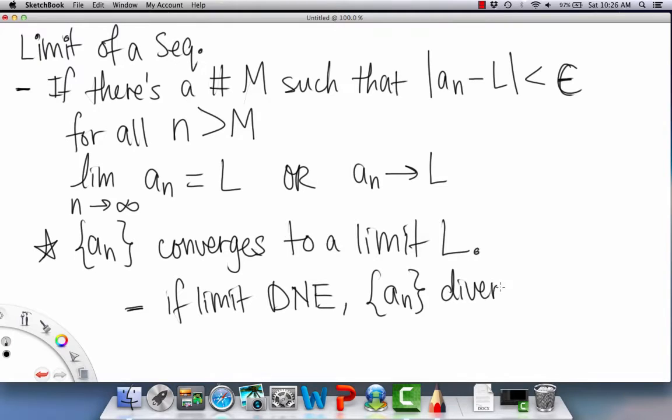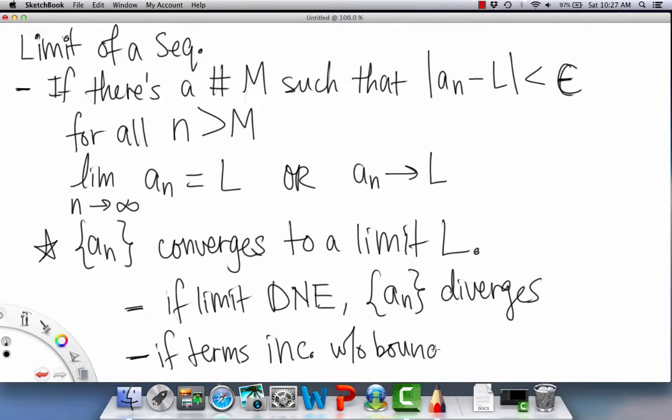And furthermore, a more specific case: if the terms increase without bound, so they just go up to infinity, we say that the sequence a_n diverges to infinity. That's just a more specific case.